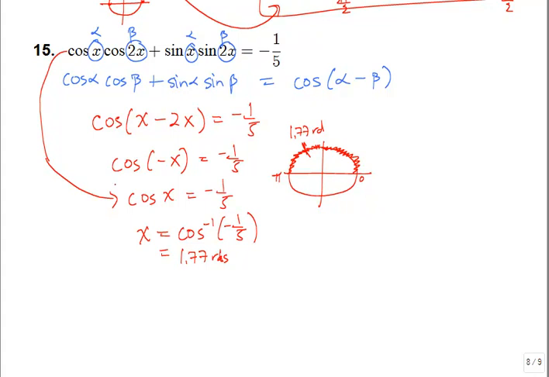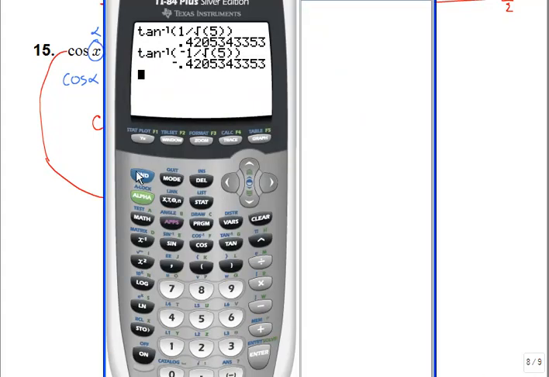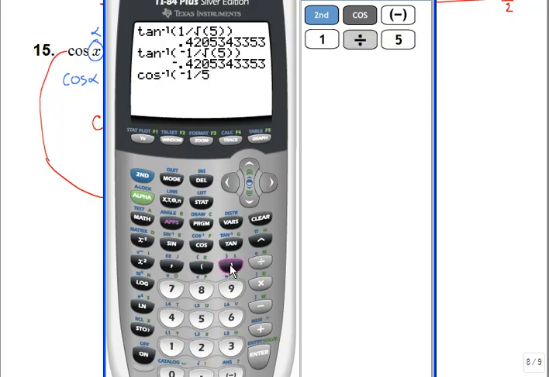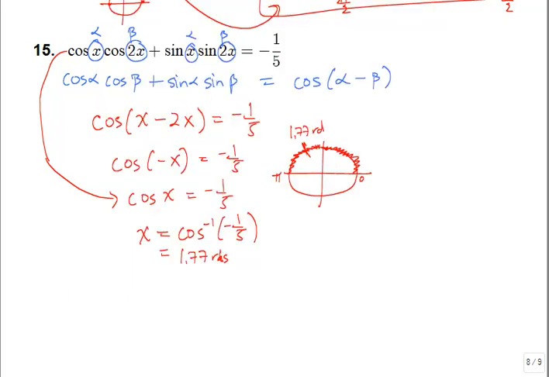So just to verify that, in case you don't believe me, we pull up our calculator and we do an inverse cosine of -1/5. We get 1.77. Okay. So we have this angle 1.77. Notice that it's in quadrant 2.